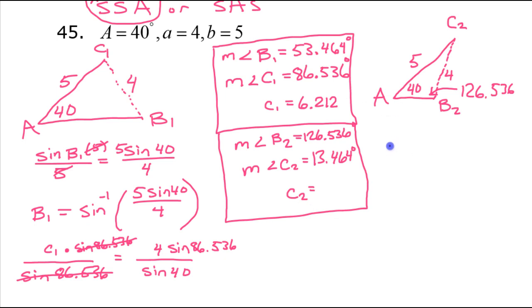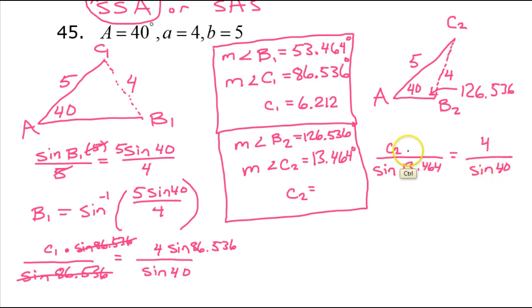Since I'm looking for side C2, I'm going to put it in the numerator. So I'm going to do side C2 over the sine of angle C2, which is 13.464. Again, I'm going to use the 4 and sine 40, so that's going to equal 4 over sine 40.